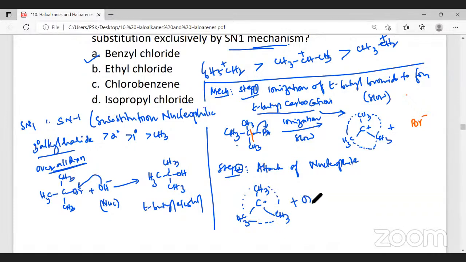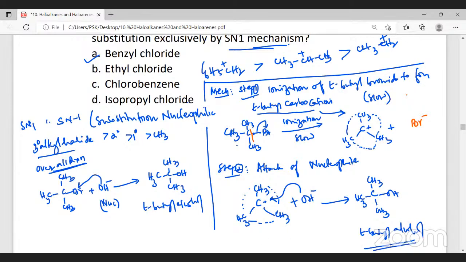OH minus, being a more reactive nucleophile, will attack the carbocation. When it attacks, you get CH3, CH3, CH3, and OH. It is called tertiary butyl alcohol.